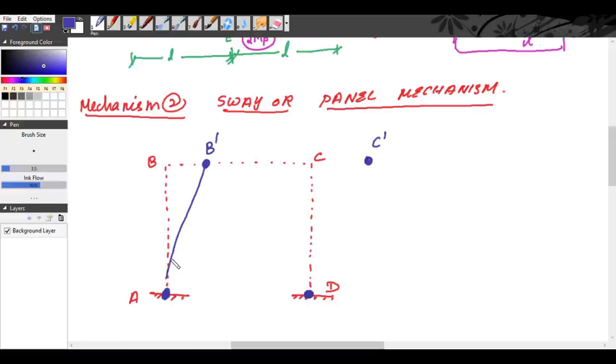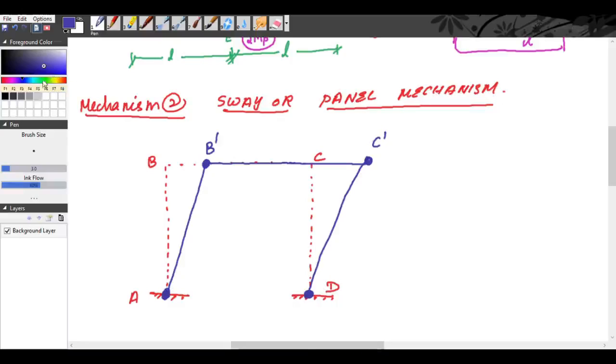So, your frame will become like this because of the sway mechanism, right? Okay.